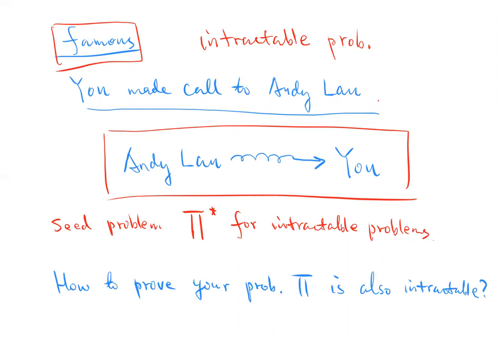Suppose I give you the difficult problem pi star already. I don't need to tell you how I prove this problem difficult. I only assure you that pi star is a difficult problem. How can you use this fact to prove the problem pi is also difficult?